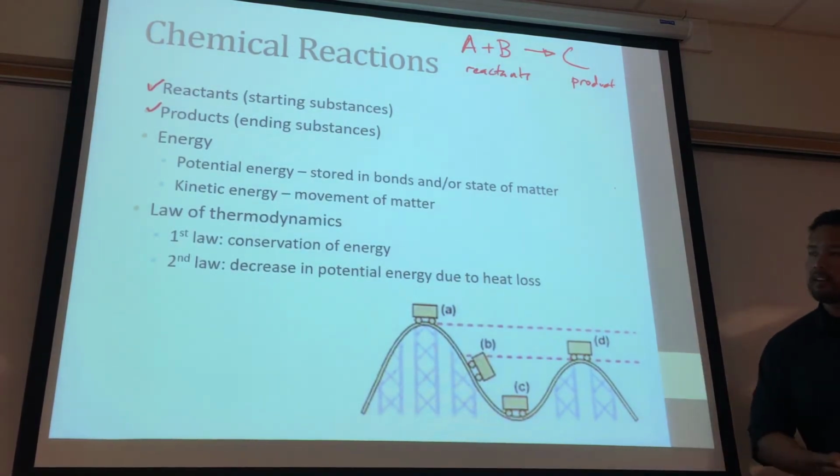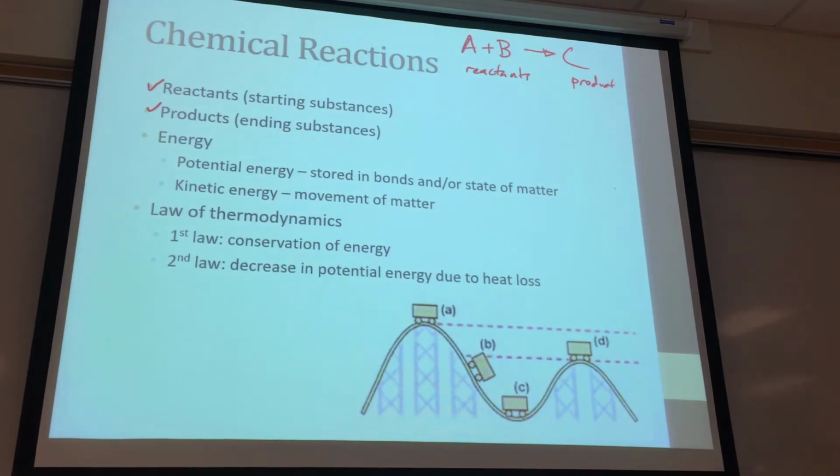And that is our first law of thermodynamics. Whenever we look at a system, when we move from the reactants to the products, the energy is always conserved between the two. There's no loss of energy, and there's no gain of energy through this reaction. It's always going to be transformed from one to another.